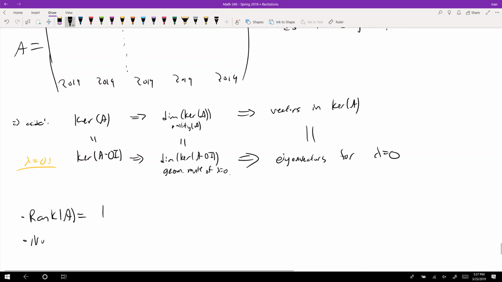So the nullity is 4. Well, that's the same thing as saying the geometric multiplicity of lambda equals 0 is equal to 4. All right, so let's find 4 eigenvectors for lambda equals 0, or 4 vectors in the kernel of A.